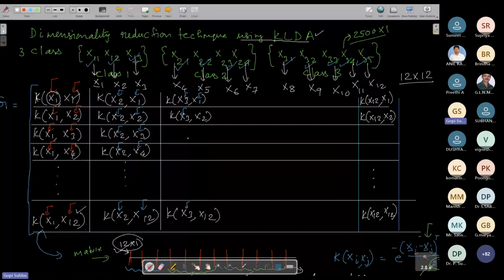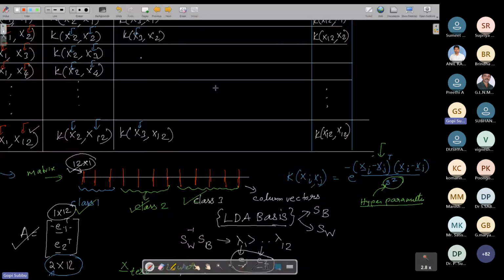Like this. Then you have to first construct the G matrix. The G matrix is constructed using that kernel function, and the kernel function is this one. I mean, we can use other kernel functions also, but this is the popular kernel function.